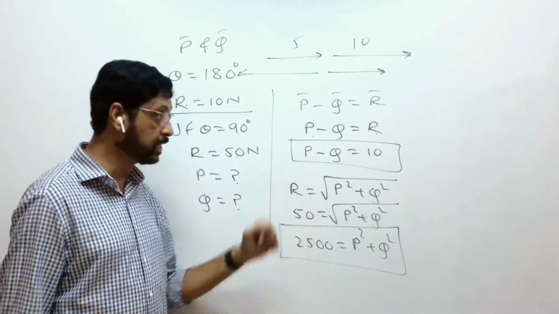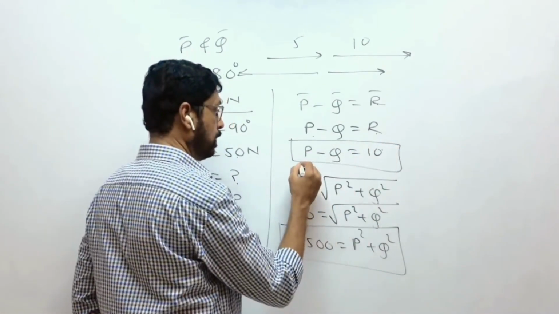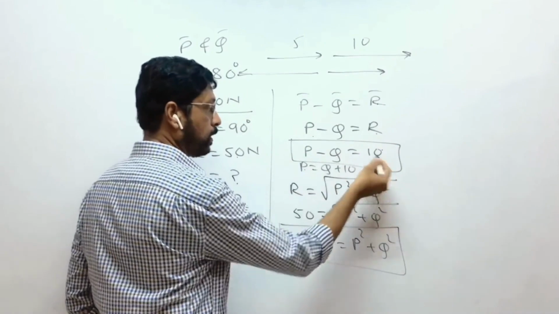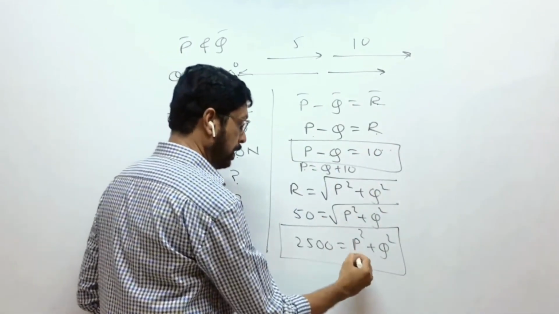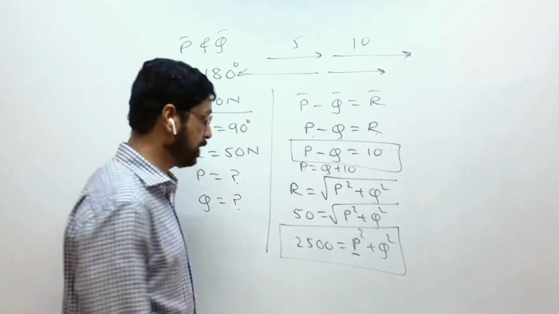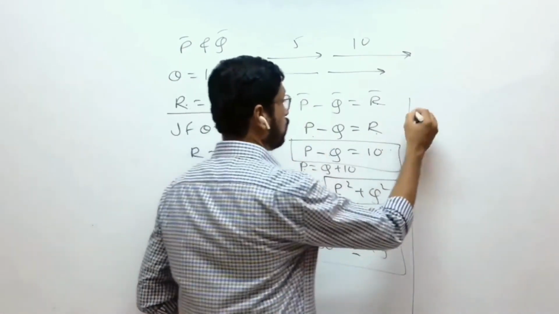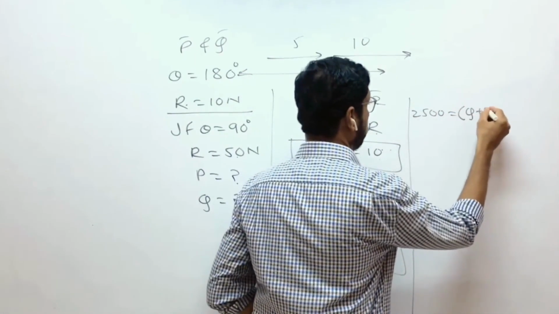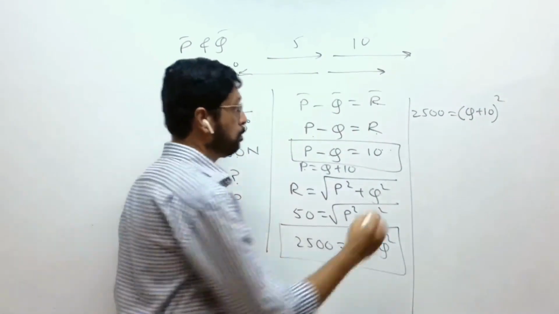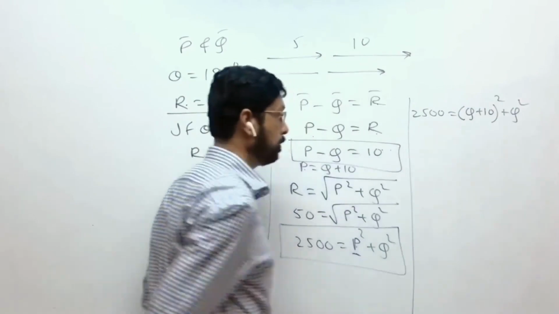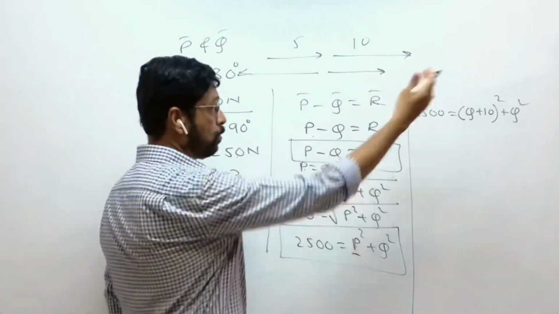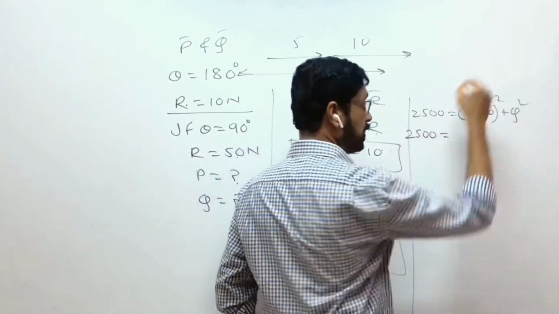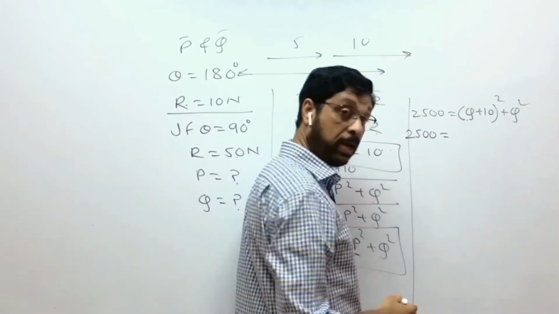Now how can we solve this? P minus Q is equal to 10 means P is equal to Q plus 10. Minus Q went to the other side, so here in place of P we can write Q plus 10. So 2500 is equal to (Q plus 10) whole square plus Q square. Is it right? Now open the bracket. a plus b whole square is a square plus 2ab plus b square.